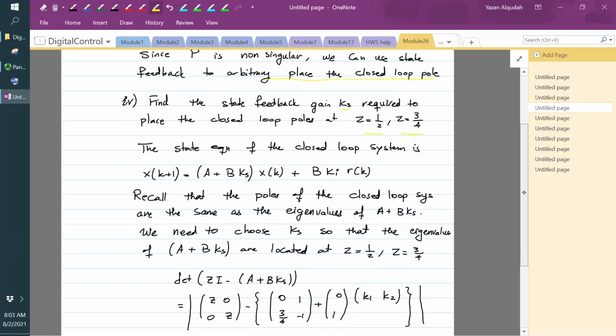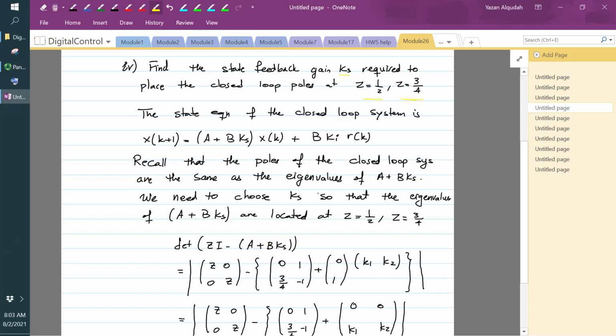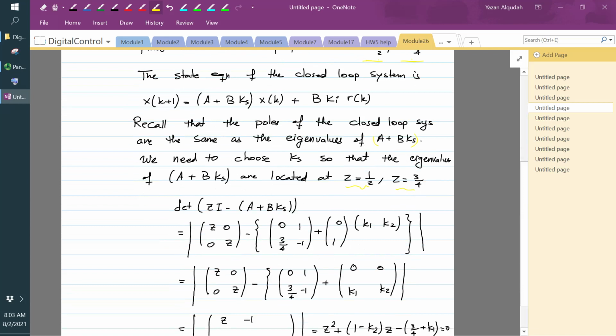Now the poles of the closed loop system are the same as the eigenvalues of A plus B multiplied by Ks. So therefore we need to choose Ks so that the eigenvalues of A plus B multiplied by Ks are located at z equal to 1/2 and z equal to 3/4.